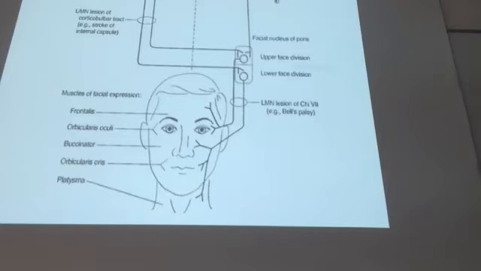There, it goes to the same side of the face that it comes out of. So if it comes out of the left side of the pons, sure, it originated from the contralateral side, and for the forehead, both sides. But if it comes out of the left side of the pons, it will innervate the left side of the face and tell the left side of the face to move. And it's very simple.